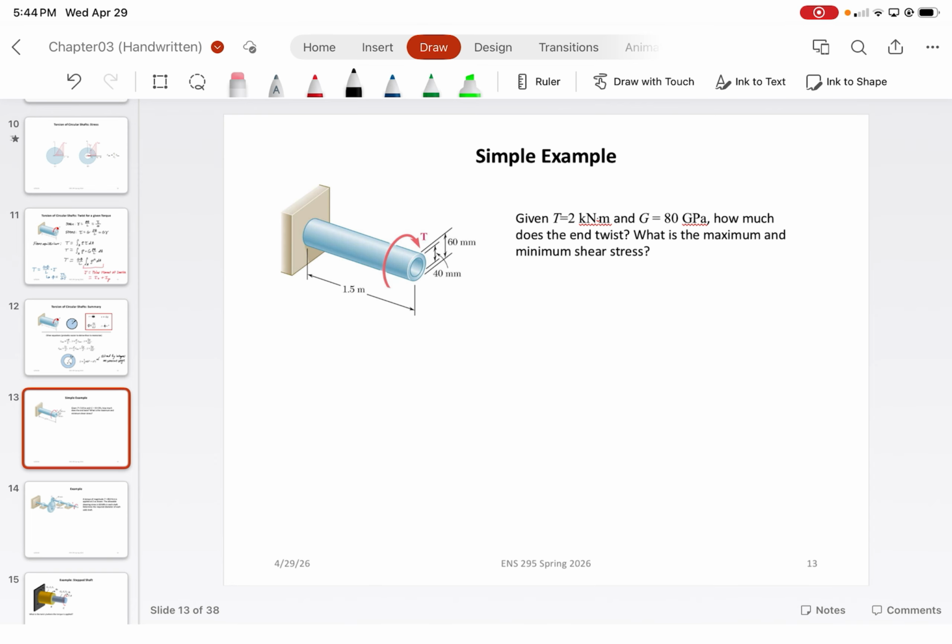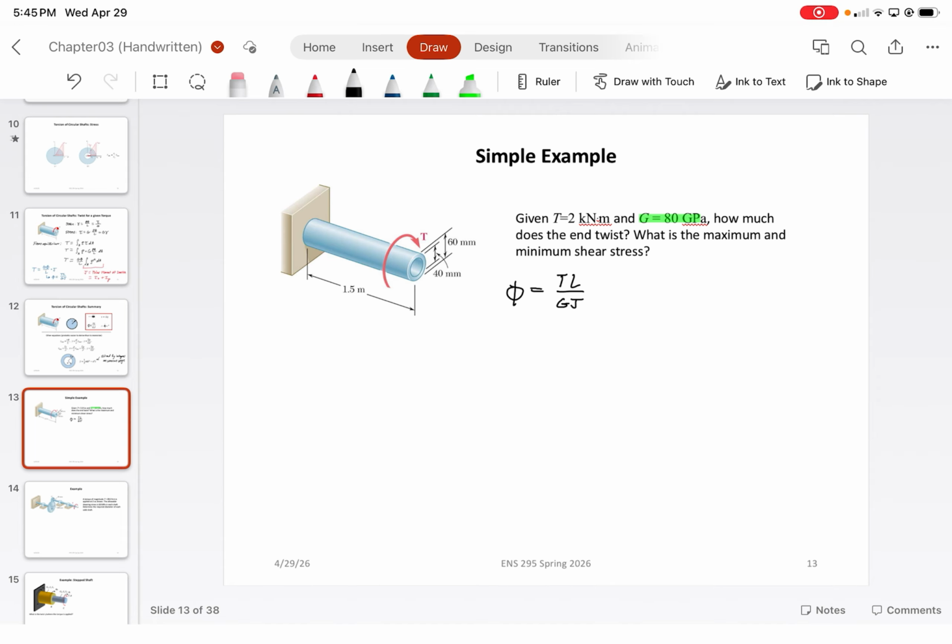So the first step would be to determine all of your material and geometric properties. In this case, we have our material property already specified, G equals 80 gigapascals, but we don't know all of our properties. So let's recall that phi is equal to TL over GJ, just to calculate the end twist.